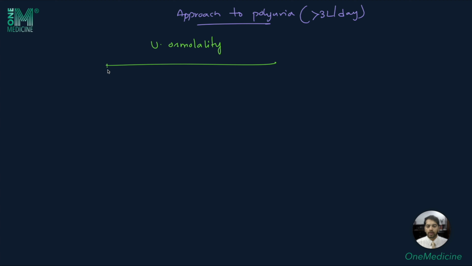Let's now look at the approach to polyuria. That is, in a patient with urine output of more than 3 liters per day, the first thing that is checked is urine osmolality, which is either less than 250 milliosmoles or more than 300 milliosmoles.